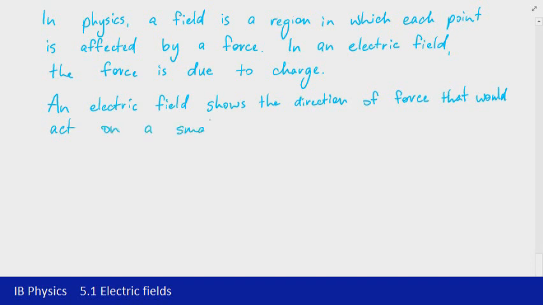So we're using this idea of a small positive test charge as the underlying constraint that we know applies to the field. So if instead we're using a negative charge, the direction of the force would be in the opposite direction. But for an electric field, it's always about a small positive test charge.